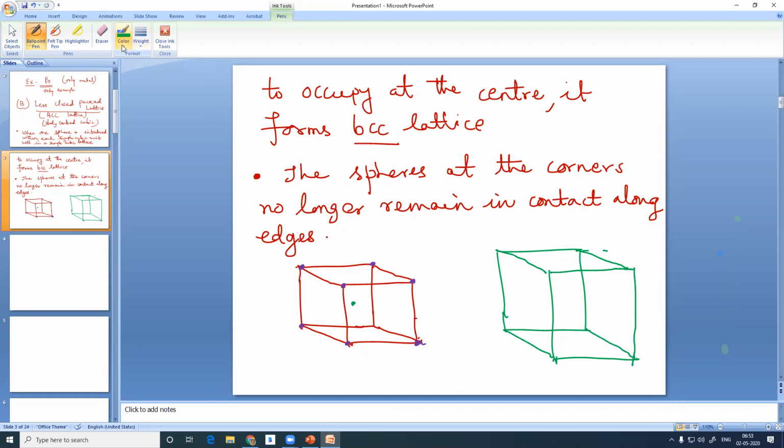So I am using this corner. Supposing this is a sphere, this is the opposite corner, and the one sitting at the center is of the same size. See, my diagram became defective.